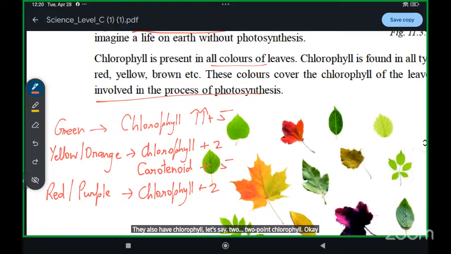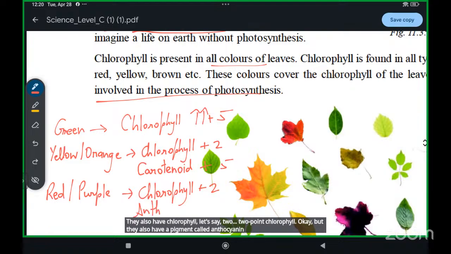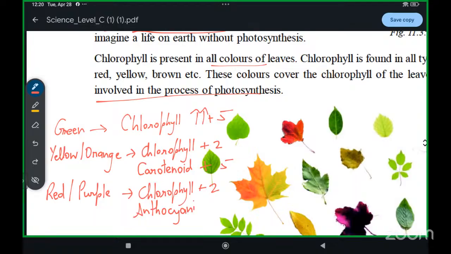But they also have a pigment called anthocyanin, plus 5. This anthocyanin pigment is more, and that is responsible for the red and purple color.